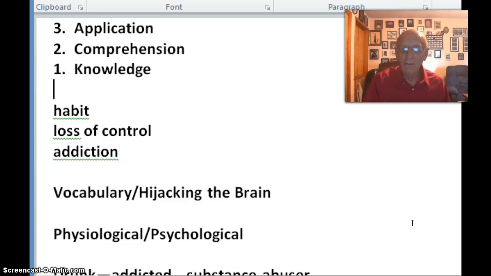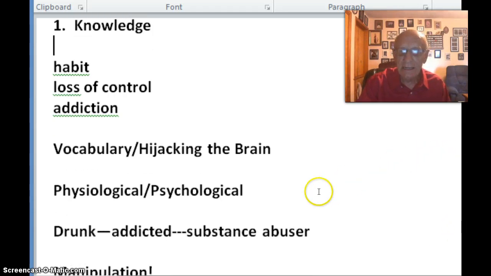So we have a vocabulary then of a drug abuser, a user, an individual who's dependent. I'm not going to spend a lot of time on vocabulary, but we are, in a way, hijacking the brain. Basically, we do this whenever we take any type of meds. We hijack the brain. Sometimes it turns out positive, sometimes it turns out negative.